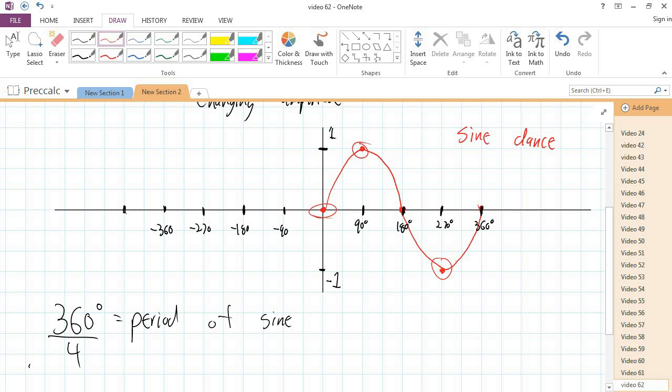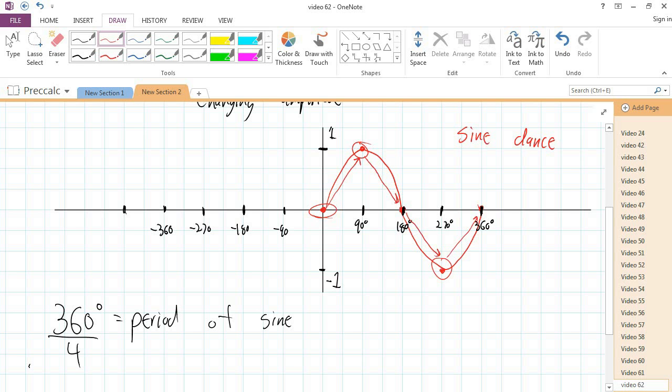Sine starts out in the middle. Sine of 0 is 0. And then from the middle, at 90, we go up to 1, and then we go back to the middle, and then down to the low point at 270, and then back to the middle.